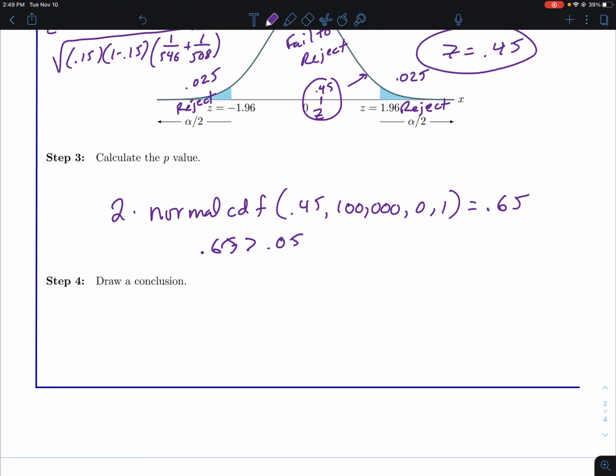So now we can draw our conclusion. In this case, since our p-value is bigger than alpha, we fail to reject.